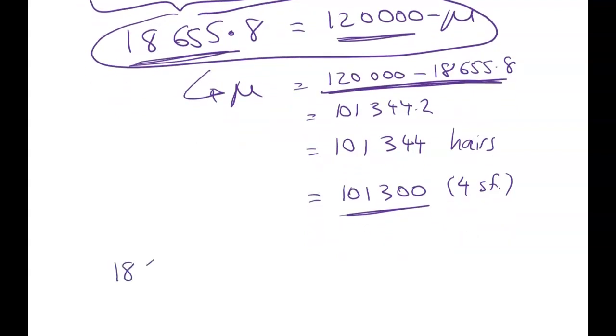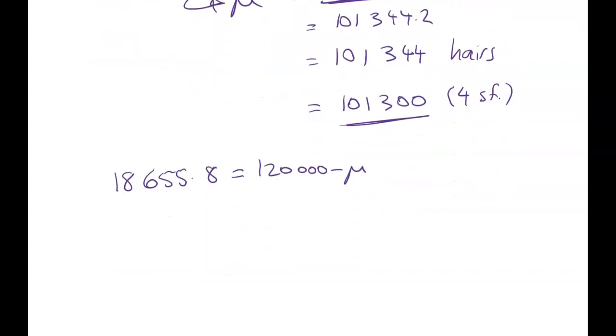So we've got 18,655.8 is equal to 120,000 minus mu. The first thing I'm going to do is what I did in Year 9. I'm going to collect all my numbers up on one side. So I'm going to subtract the little number from both sides.